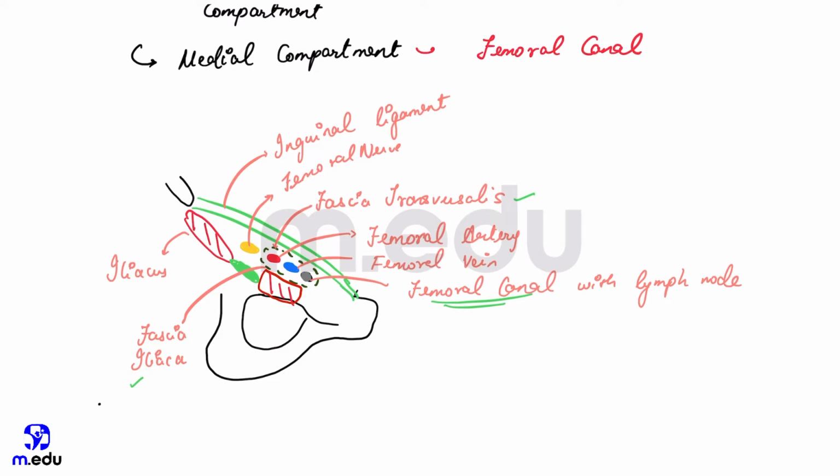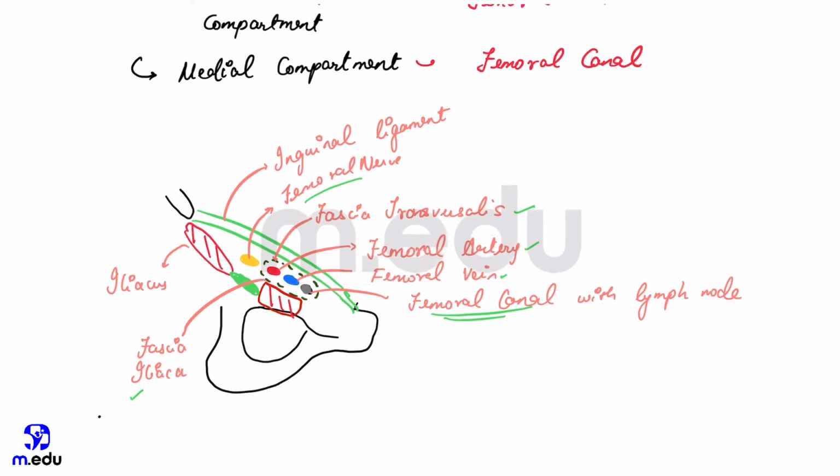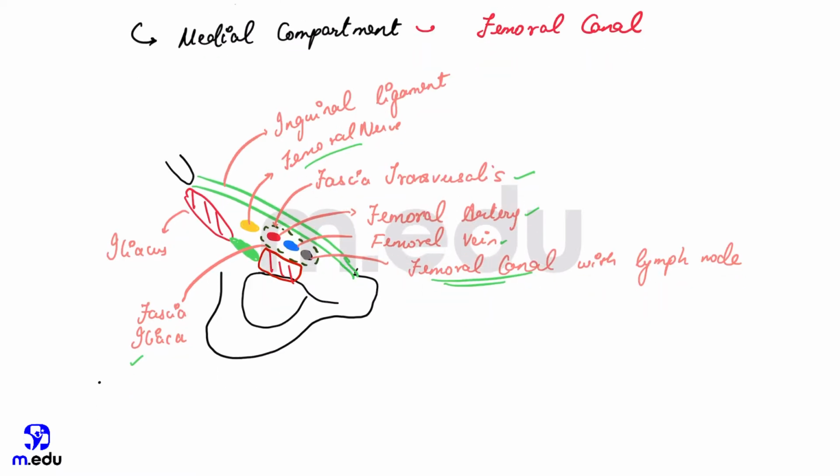Its lateral compartment has the femoral artery and the femoral branch of genitofemoral nerve, and the intermediate or venous compartment has the femoral vein. Fascia iliaca, as you can see, covers the iliacus muscle.